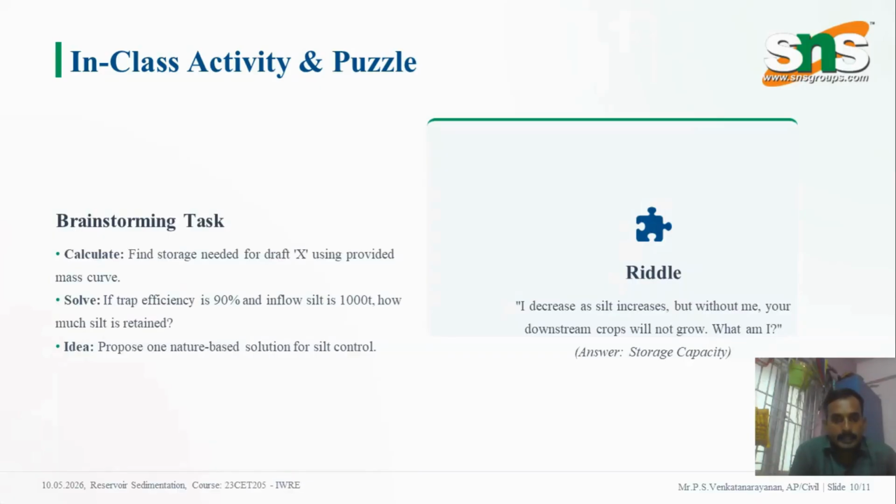The answer is 900 tons. Another brainstorming activity is to suggest one nature-based solution for sediment control. Possible answers include afforestation, watershed management, contour bunding, and check dams. Such activities help improve conceptual understanding and practical thinking skills.